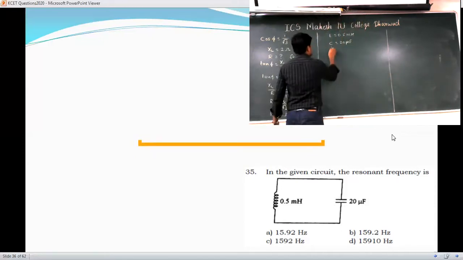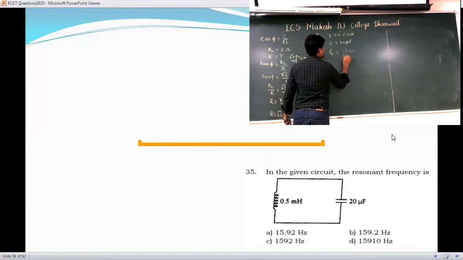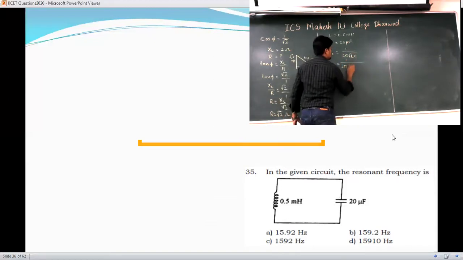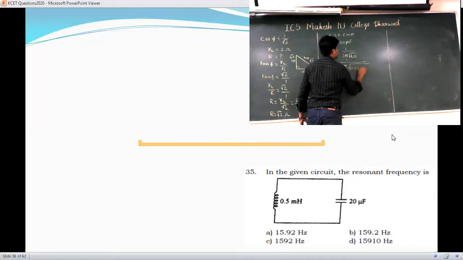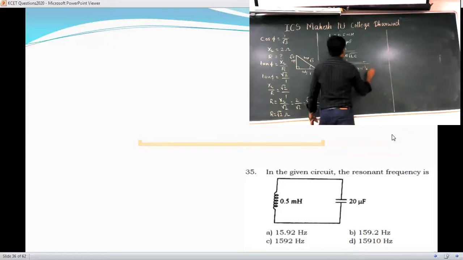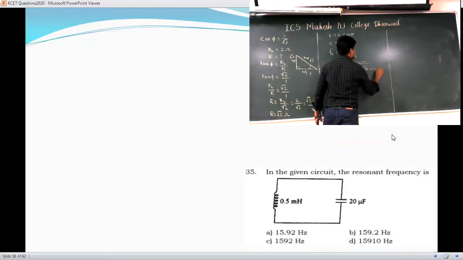Resonant frequency, what is the formula? F naught is equal to 1 divided by 2 pi root LC. Now put the values here. It is 1 divided by 2 pi into root of L, which is 0.5 into 10 raised to minus 3, into C, which is 20 into 10 raised to minus 6.